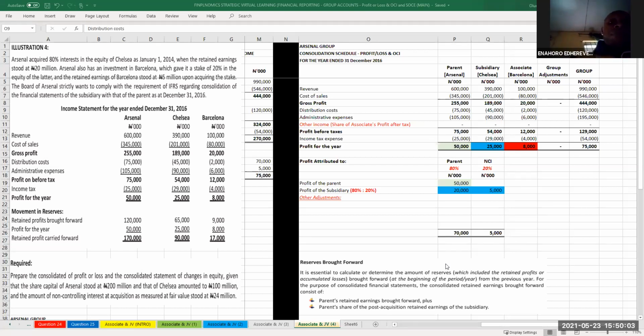Then in the statement of changes in equity, we account as part of the parent retained earnings for the post-acquisition earnings of the associate. Then in the consolidated income statement, we also account for the current year's income, the parent's portion of it from the associate. I think those are the things I need to take into consideration.